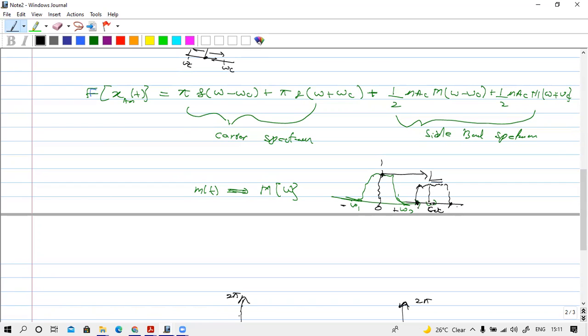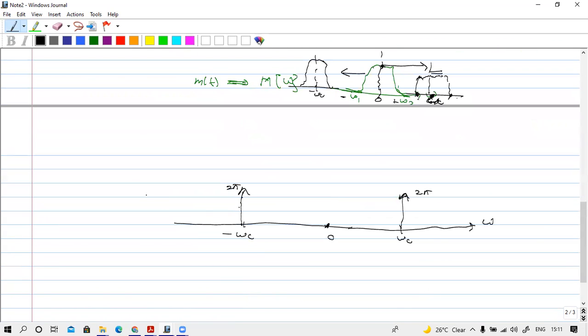So this signal is centered at omega c. Also, omega plus omega c is shifted this way, and this spectrum is centered at minus omega c.